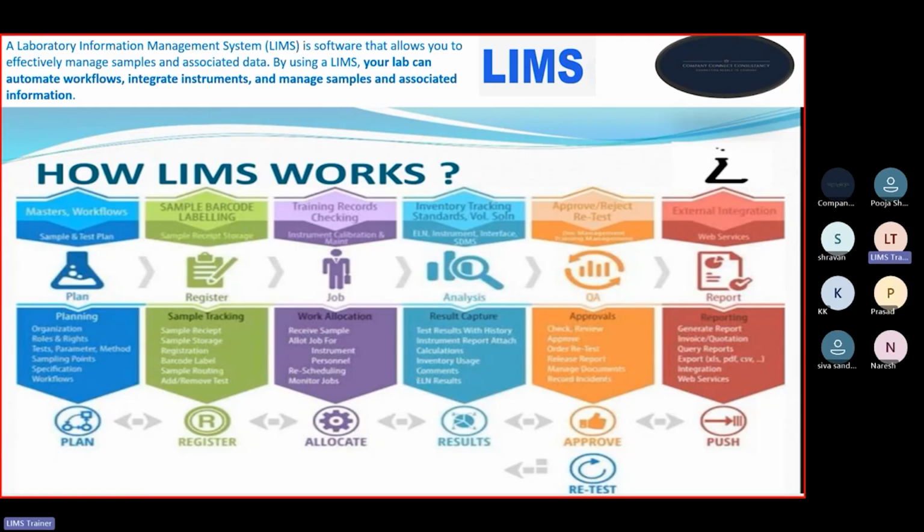Those things can be done here in the job phase. After that comes the analysis phase. In the analysis phase, the analyst will do the analysis, result capture, test result with history, instrument report attached, calculations, inventory usage, comments, like that. Okay, so all that will be included in the analysis phase.